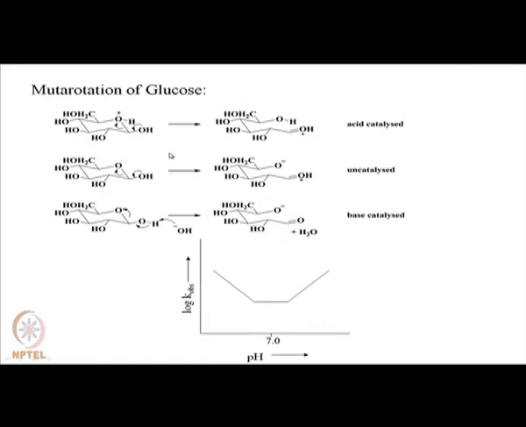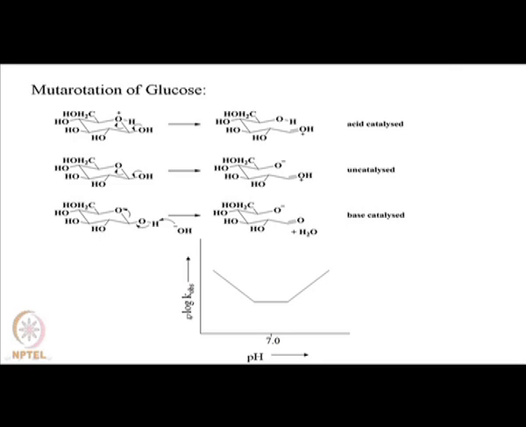Next, another interesting example is the mutarotation of glucose. So, this is the cyclic form of glucose. This is the uncatalyzed pathway, this is the acid catalyzed pathway, and this is the base catalyzed pathway.